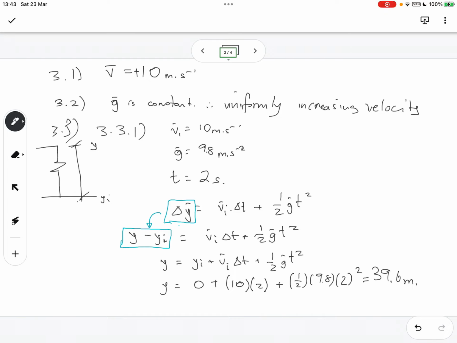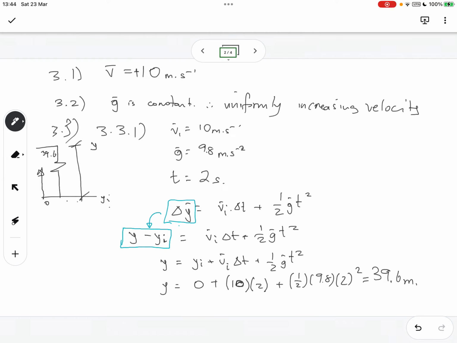Didn't we do it like this? Because remember the delta y, we said it's a certain y which represents the height of the building, and yi would be the initial height from which the ball is dropped. If you start counting the height from the floor, then the height goes up. So it will be 0 there, and whatever the height there.